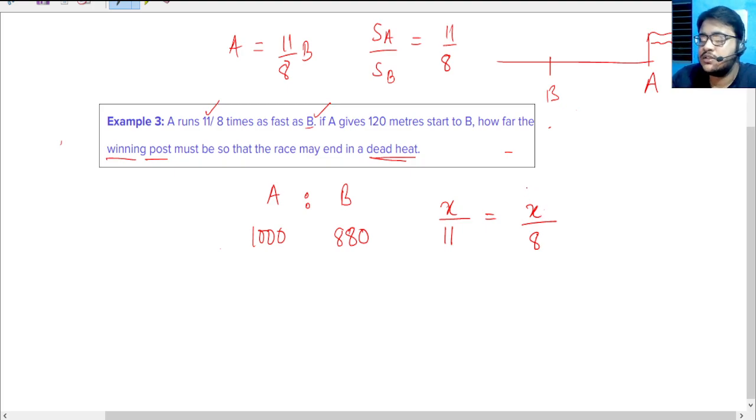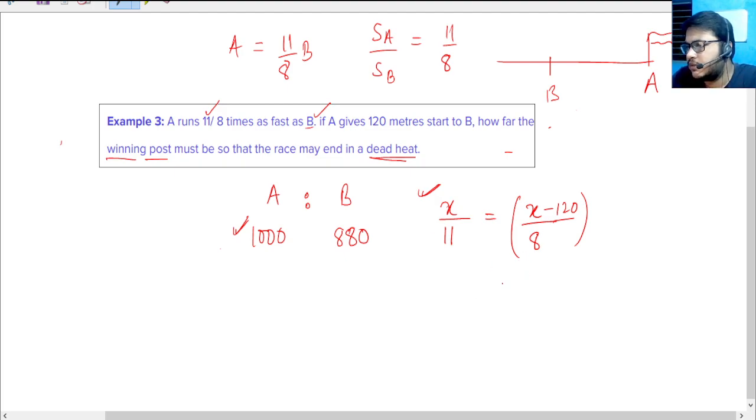So 1000 is not the distance that B is running. B is running x minus 120. Right, now if I just solve this, I can take any numbers. 1000 is just a number; it can be 1000 meters, it can be 1 kilometer, it can be 10 kilometers, whatever. Okay, I hope that makes sense.